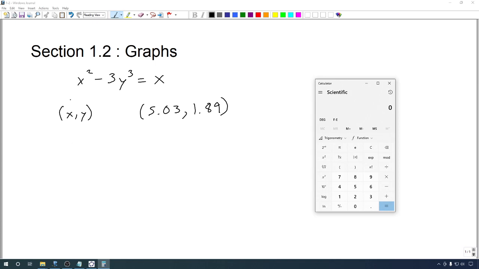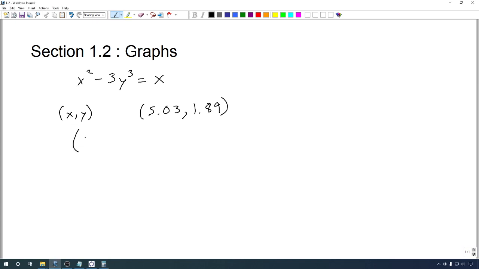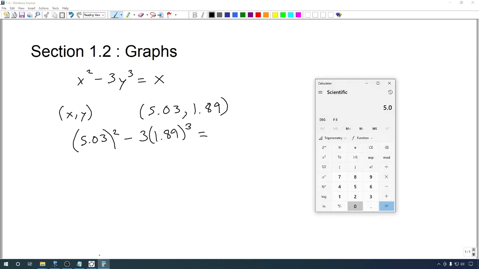So we can go ahead and write that out. That is supposed to be a cube. Square that. Minus 3 times 1.89, that's going to be cubed. And we come out with 5.047.